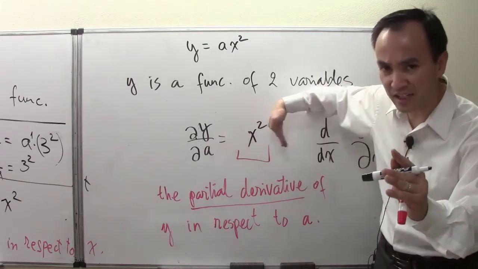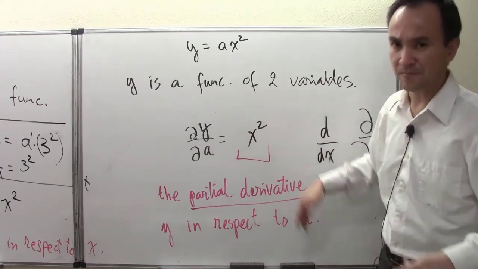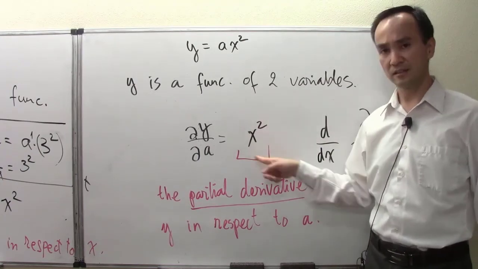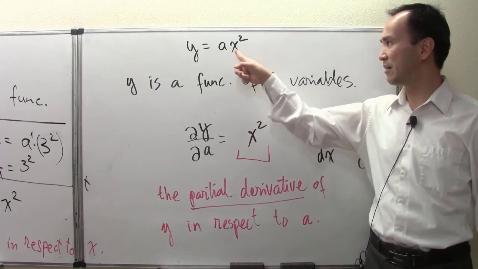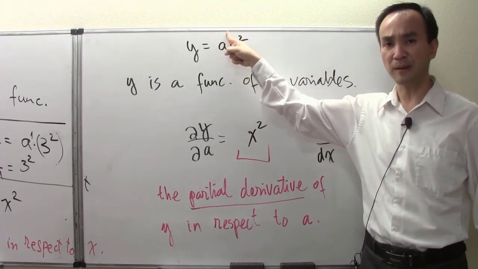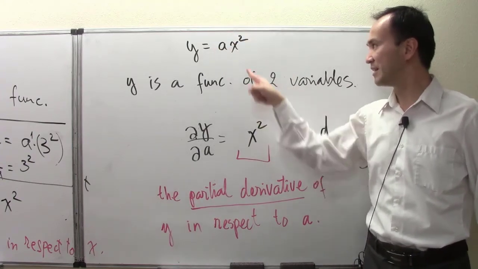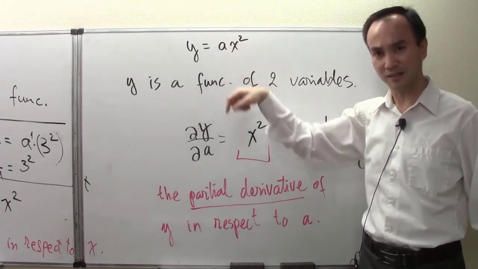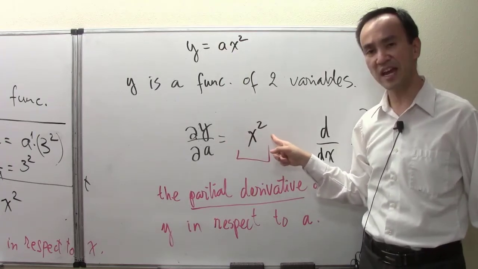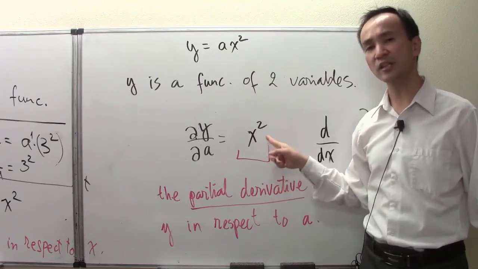The entire expression aside from a, we call a coefficient. So if you see the whole x squared as a coefficient, then a is simply to the power 1. The 1 multiplies down with the coefficient, and then we subtract 1 from the power. That's why we have a to the 0. So the entire partial derivative is only x squared.